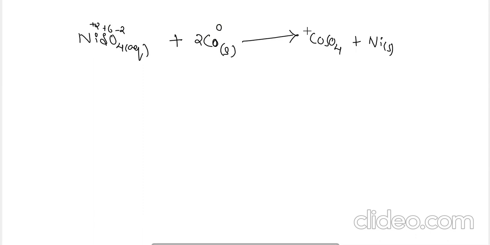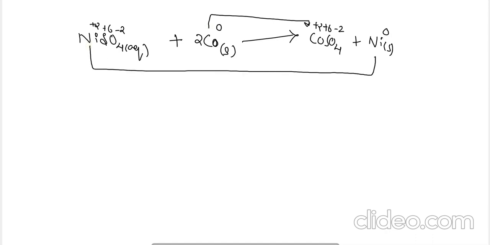The compound formed, cobalt sulfate, has +2, +6, -2. Here nickel has zero charge. On comparing, the sulfate ion has not changed its oxidation state. Only cobalt and nickel have changed. Cobalt's oxidation state has increased while nickel's has decreased.